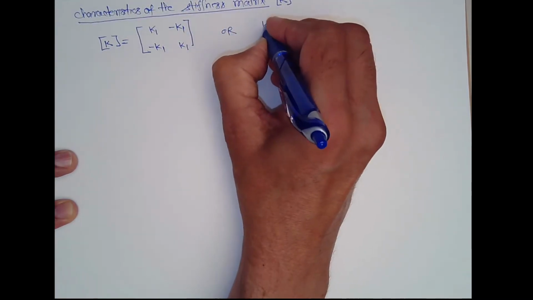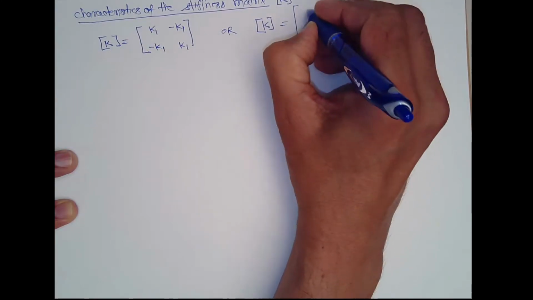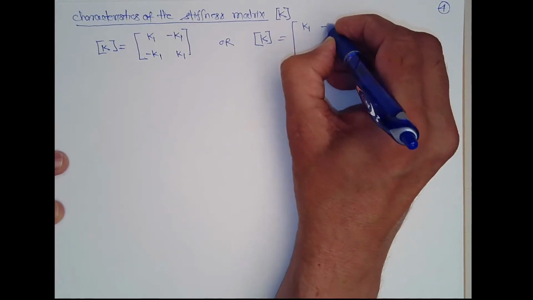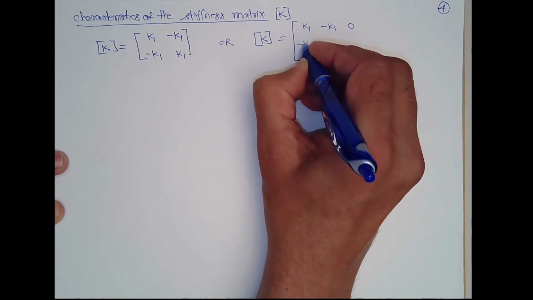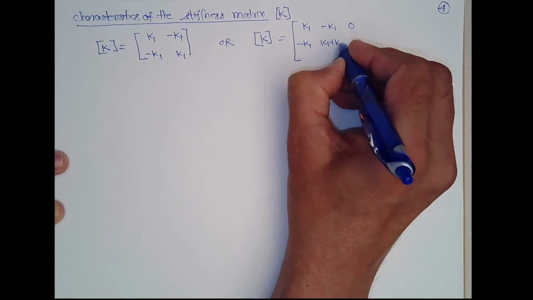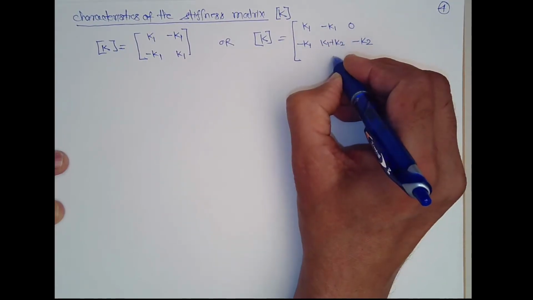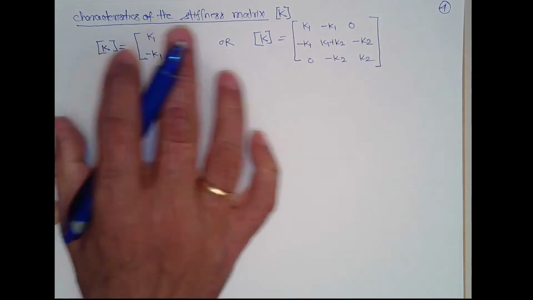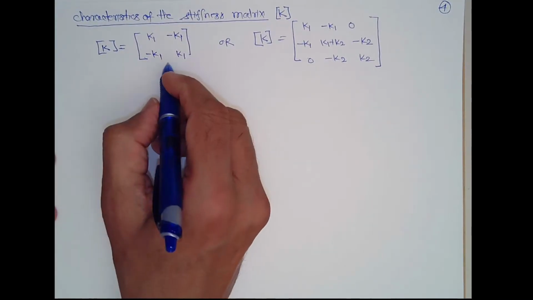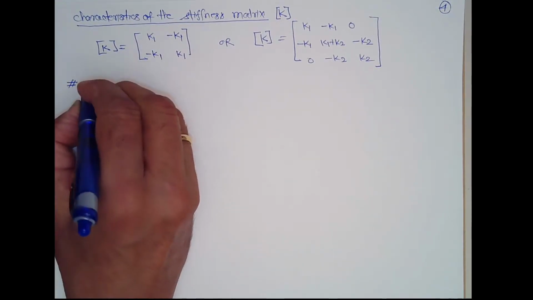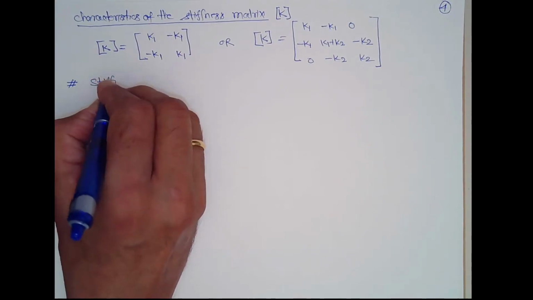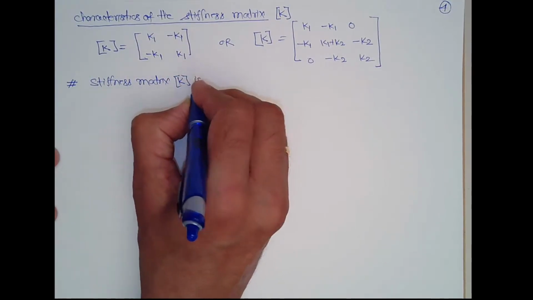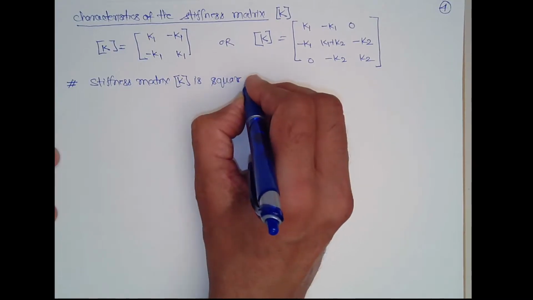Or K may be a 3 by 3 matrix: K1, minus K1, 0; minus K1, K1 plus K2, minus K2; 0, minus K2, K2. Observe what the things are. This is a square matrix. The first characteristic: the stiffness matrix K is a square matrix, always a square matrix.